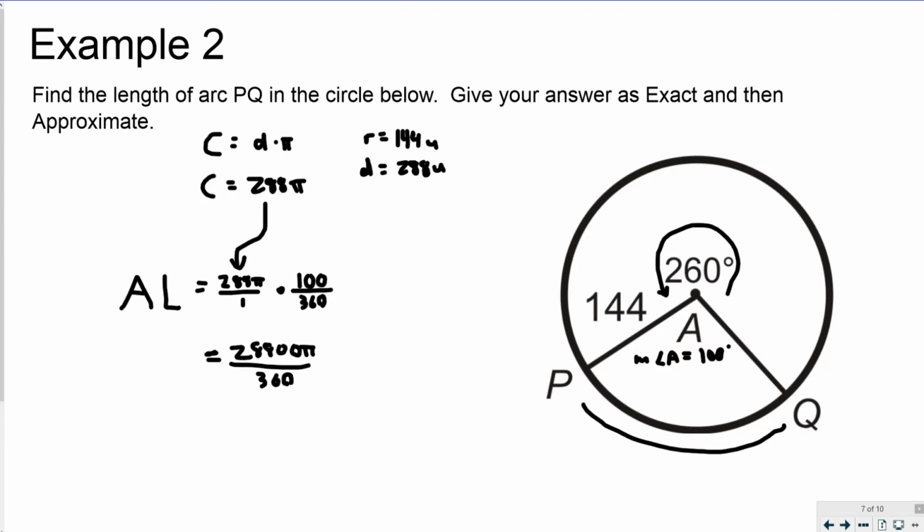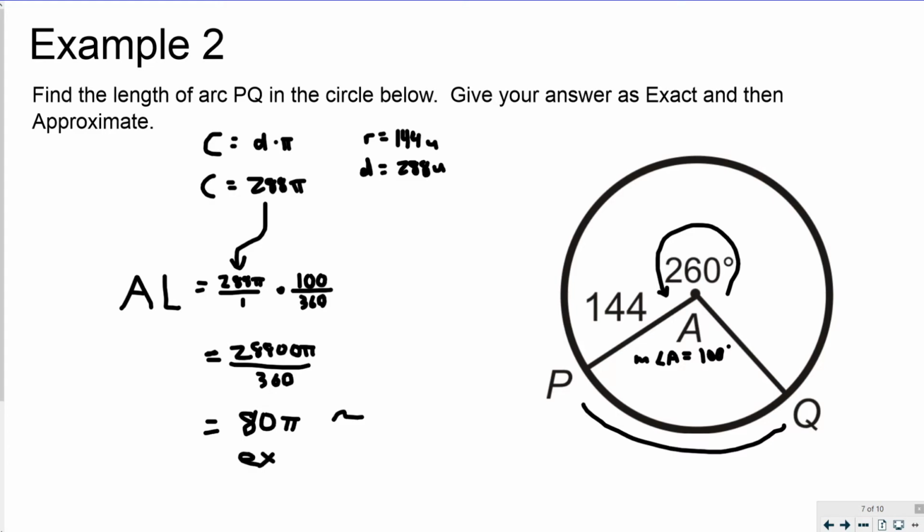So let's see if we can reduce it, and I know we can, but let's see what it reduces to. If you divide 28,800 by 360, you get an even 80. So it's 80 pi as the answer, and that's the exact answer.